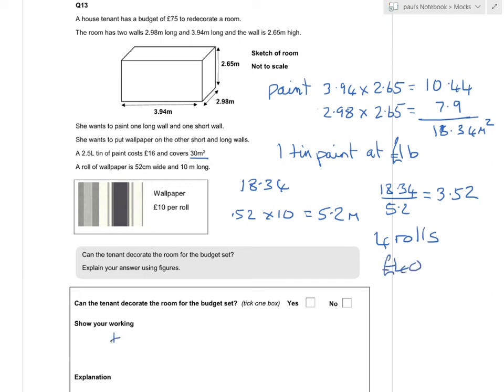And the total is £40 for the wallpaper and £16 for the paint, which is £56. How much have you got to spend? Oh, £75. Oh, easy. Can she decorate the room? Yes.